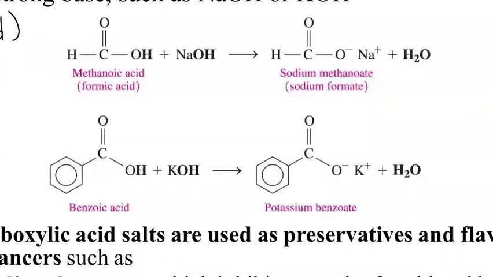we can see in the top reaction where we have methanoic acid, that means that my carboxylic acid is going to be an acid. My NaOH is going to be the base. So the carboxylic acid is going to donate that proton to the OH specifically in my base.